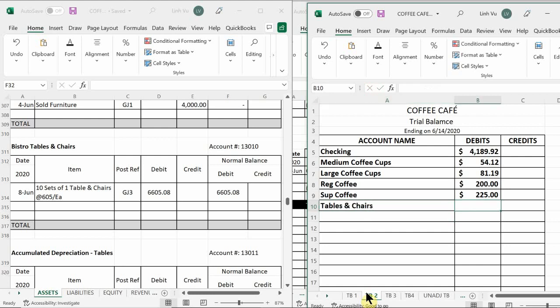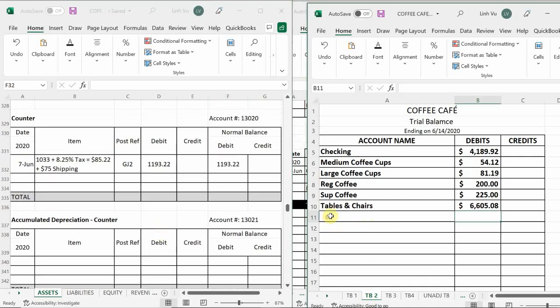How much is my tables and chairs right now? $6605.08. Good. Okay.